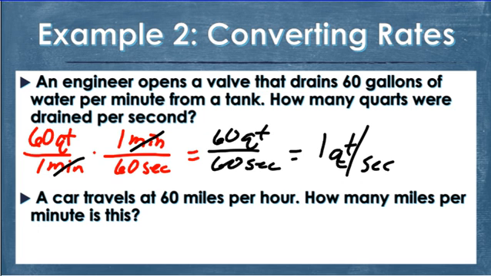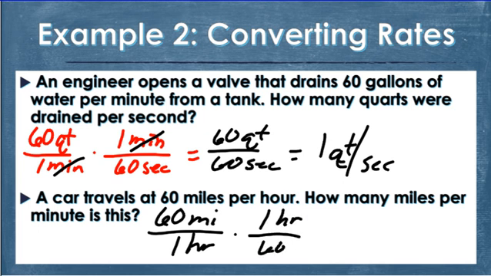A car travels at 60 miles per hour. How many miles per minute is this? So 60 miles per 1 hour. I need to go miles per minute. So 1 hour over 60 minutes. My hours cancel out. I'm left with 60 miles over 60 seconds.